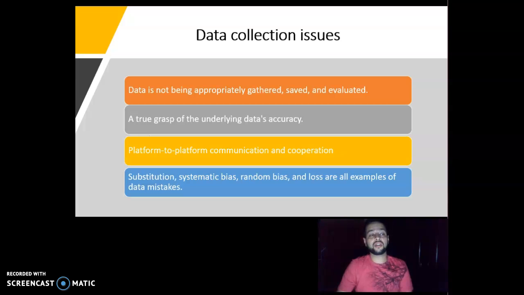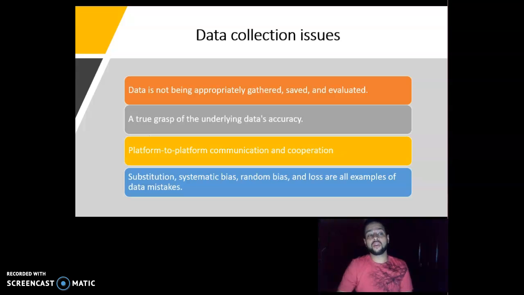We must also consider if there is a genuine grasp of the variety of underlying data. Time limitations may also play a factor in the poor data quality. We must look at data errors such as substitution, systematic bias, random bias, and missing data.